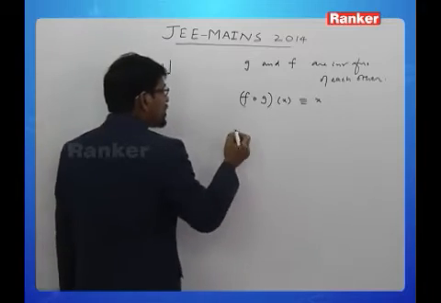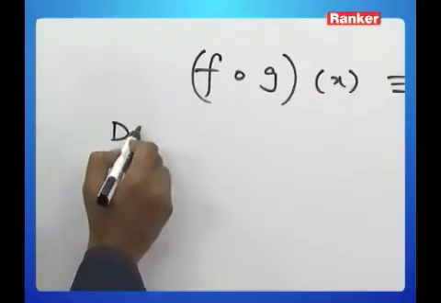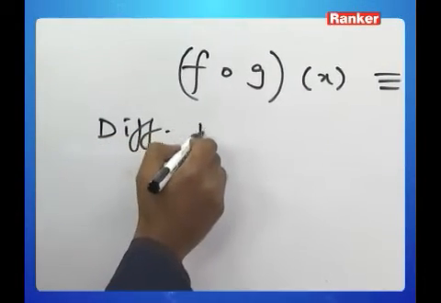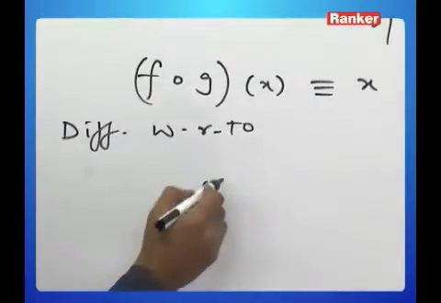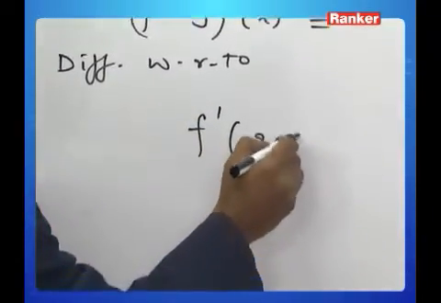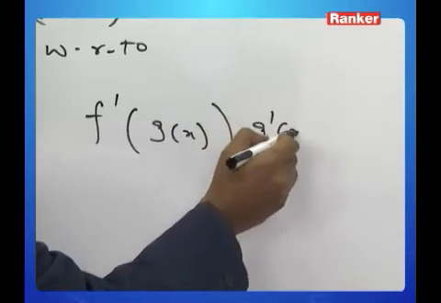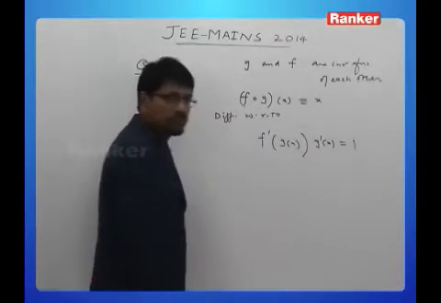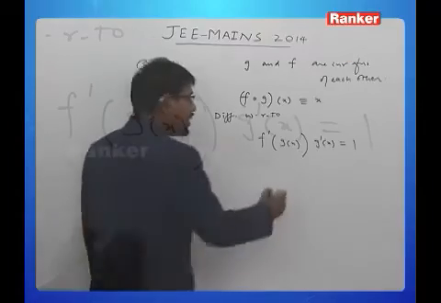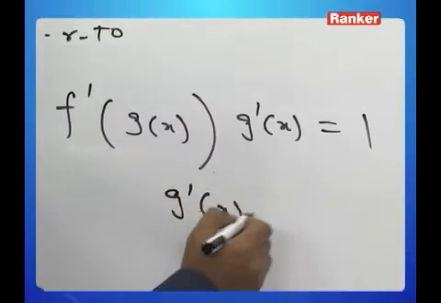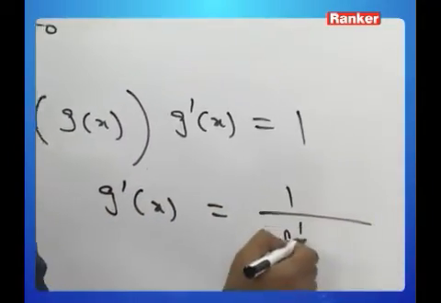So let's now differentiate both sides with respect to x. Using the chain rule, we have f dash of g of x into g dash of x is equal to 1. Therefore you have g dash of x to be equal to 1 by f dash of g of x.